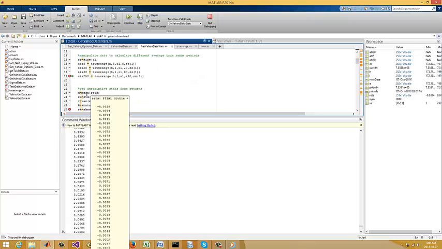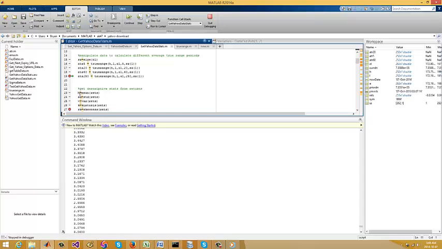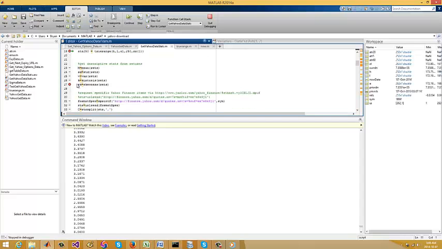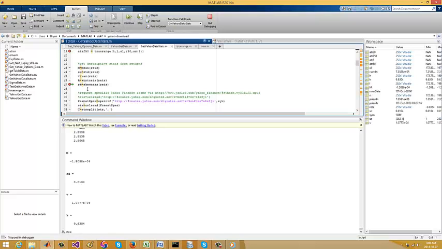Next, we calculate some statistical measures. Let me just continue here. We're grabbing the returns, the mean, the standard deviation, variance, kurtosis, and the skewness. Okay, fine.